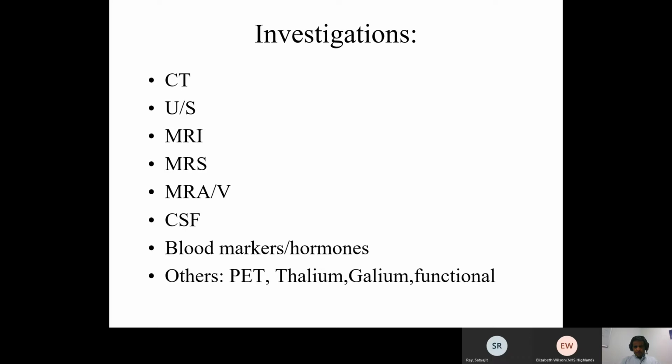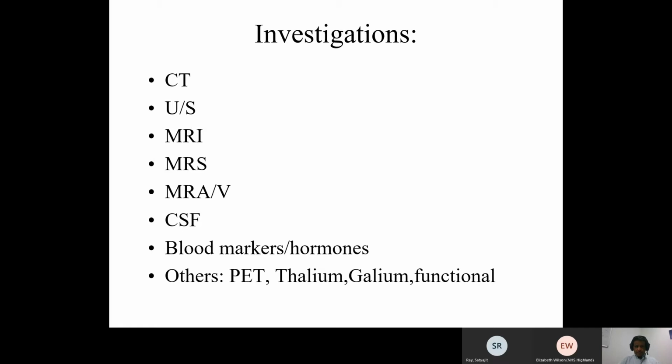So when they come, they often get these investigations, not in any particular order. Most often, they get a CT scan in a district general hospital, or if they come to our children's hospital, they also get a CT scan first. Easy to do, doesn't require GA. If they're very young children, newborn babies, they get an ultrasound scan looking at what's happening.